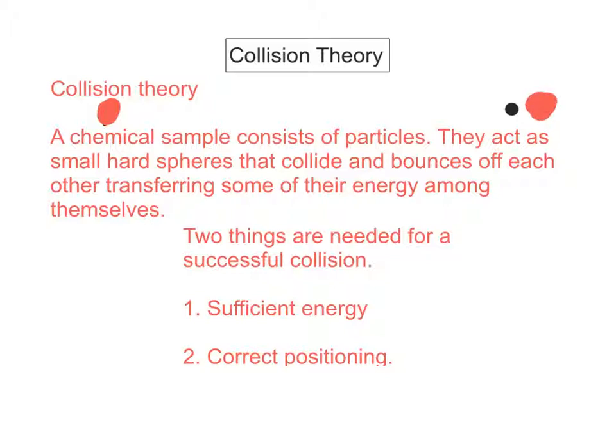The reason being, rather than having two molecules that are the same collide with one another, if this atom and this atom collide with one another, that's going to result in an effective collision. If it was the other way around, an ineffective collision would result in just these two particles rebounding off each other, and there would be no change in their chemical structure.